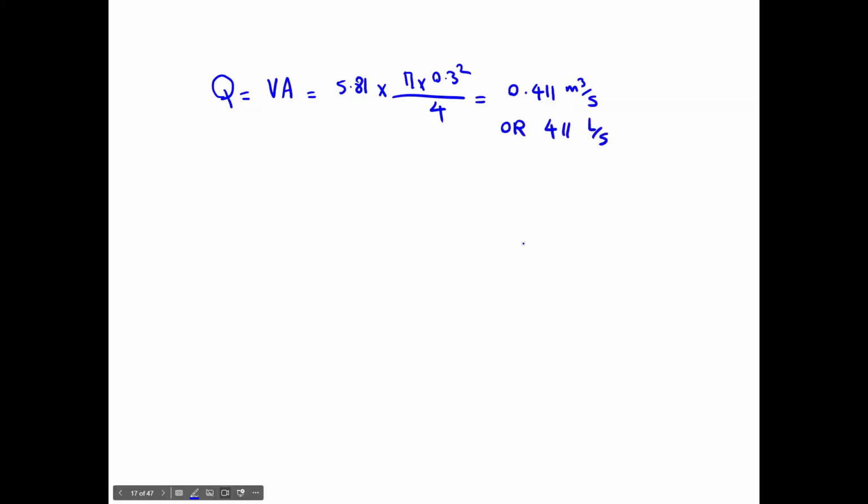So I just need to write the continuity equation, which is this guy. Velocity was 5.81 multiplied by area, which is going to be 0.11 cubic meters per second, or 411 liters per second.